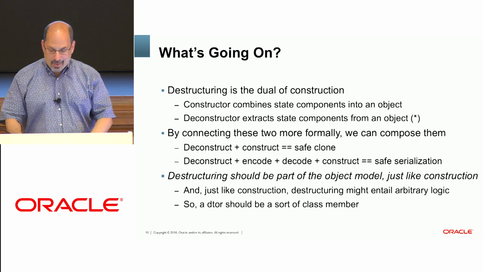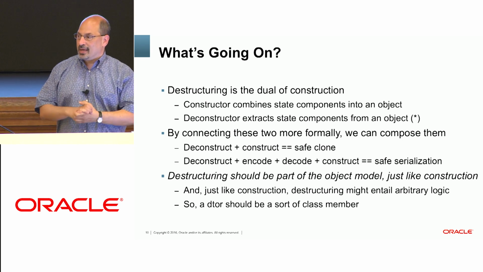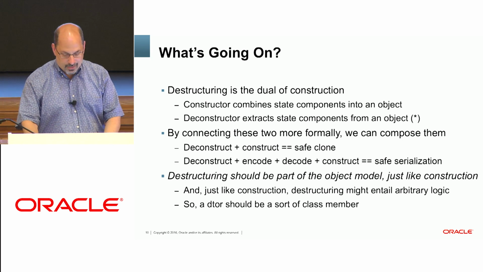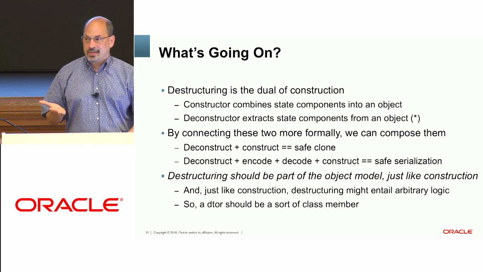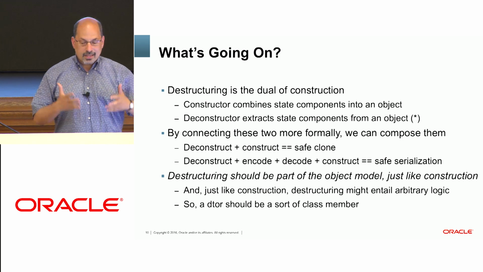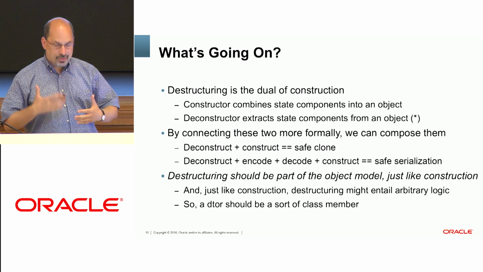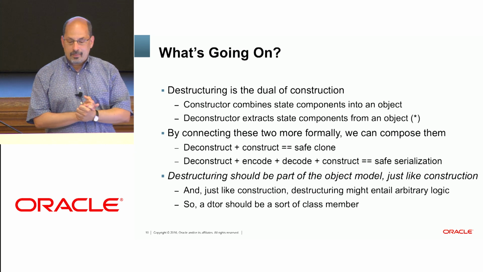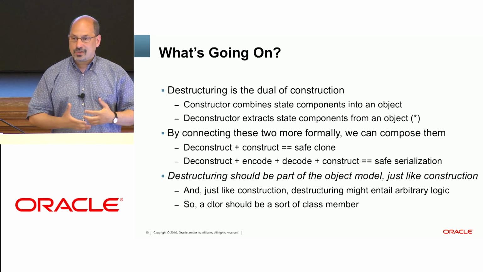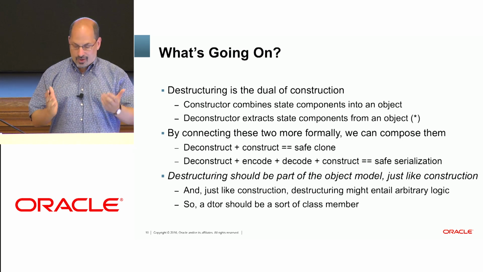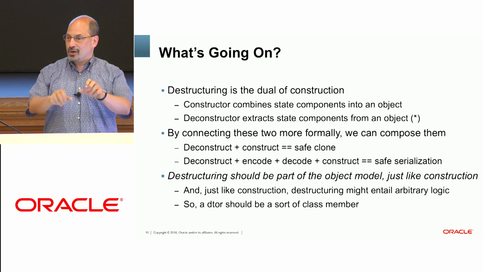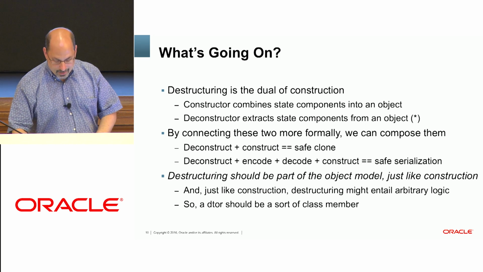And I think that pattern matching fits much more deeply into object-oriented programming than a lot of people give it credit for. So our thesis is, this is part of the object model. Let's make it so. Let's make it possible to expose deconstruction as a first-class member. And deconstruction, just like construction, might entail arbitrary logic, but usually not. Usually it's pluck the fields out and move on with it.